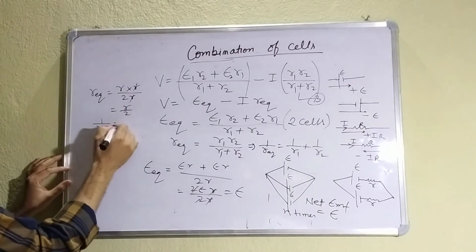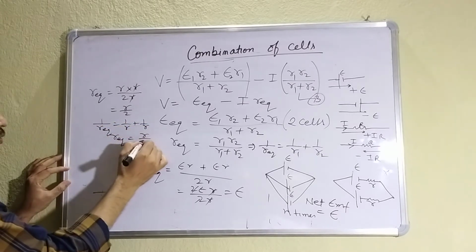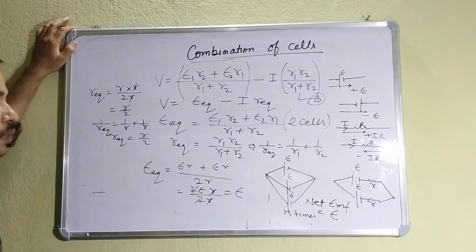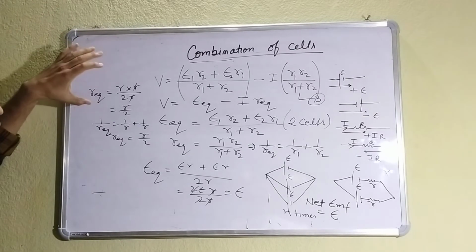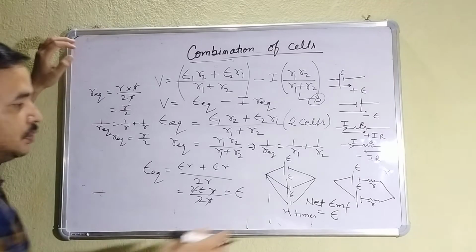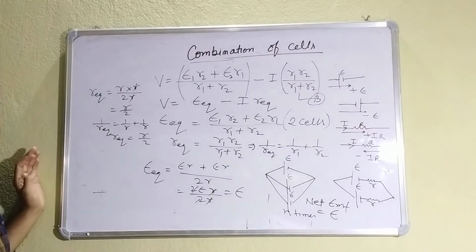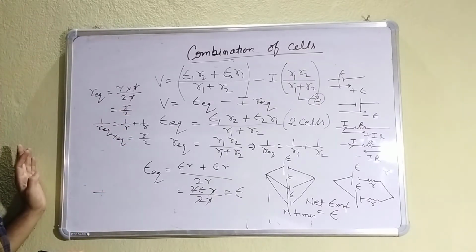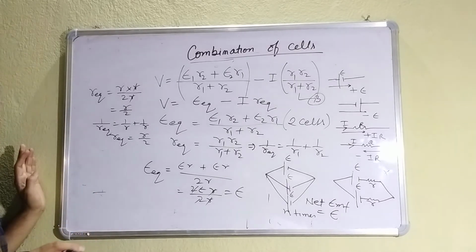Writing 1 by R equivalent equals 1 by R plus 1 by R, you get R equivalent as R by 2. If there are three cells, 1 by R plus 1 by R plus 1 by R, you have to apply the equation of resistors connected in parallel in the case of internal resistance. There will be no change. Whatever formula you have read for combination of resistors in parallel will be applied here. Clear? And in series also the resistor formula will be applied for internal resistance.